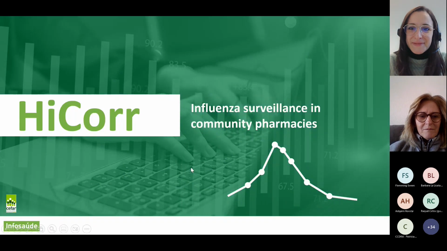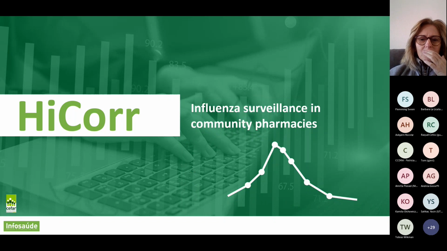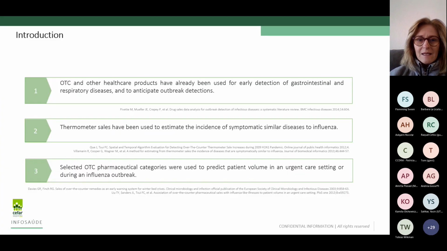Okay, so as I've been told before, we try to develop a model that can predict influenza surveillance in community pharmacies. There is several literature where sales data can be used to predict some health events, such as gastrointestinal and respiratory diseases.